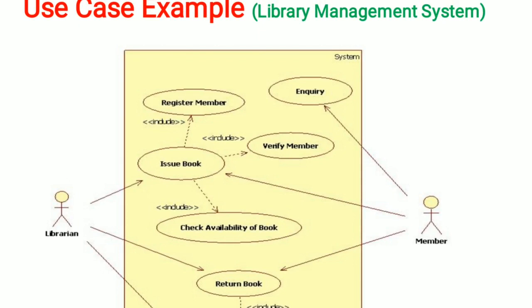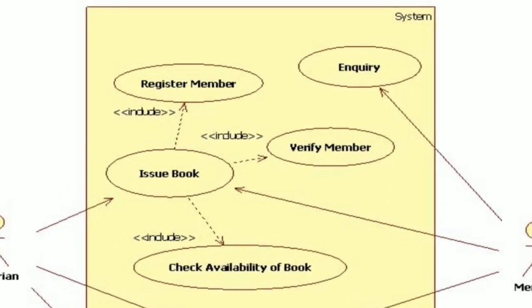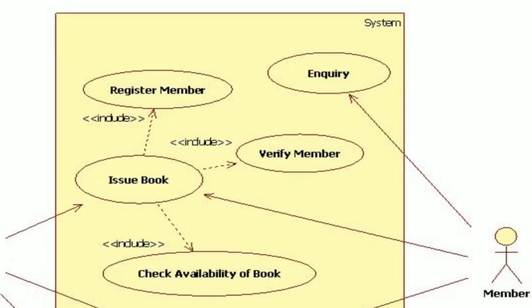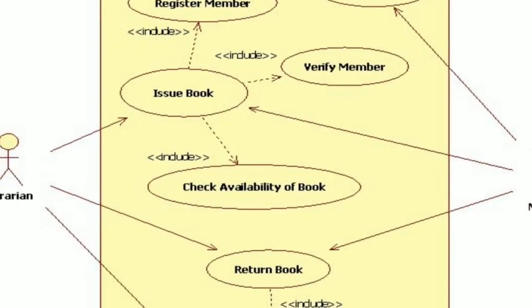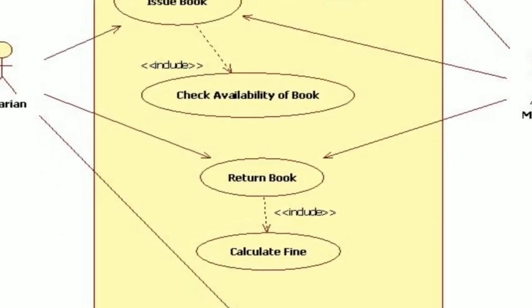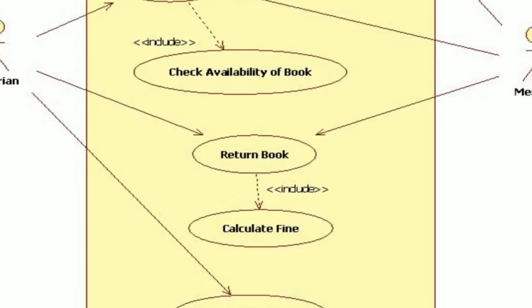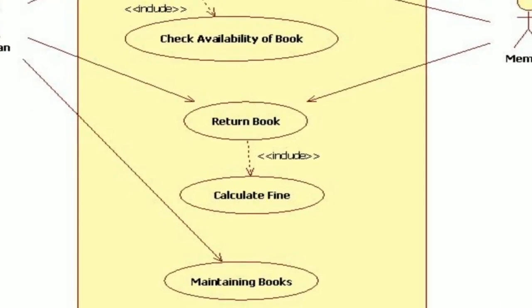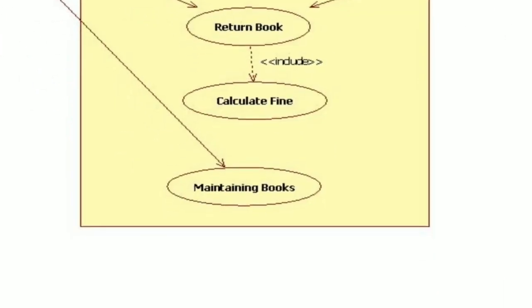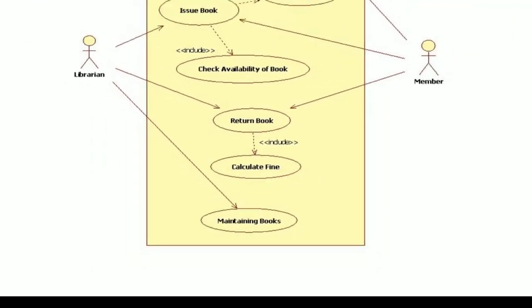If so, he will issue the book, and issuing the book includes registered member verification, verifying membership, and checking availability also. The book will be returned to the librarian by the member, and it will include the fine if there is late submission. The fine will be paid, and maintaining the book database is the final one.